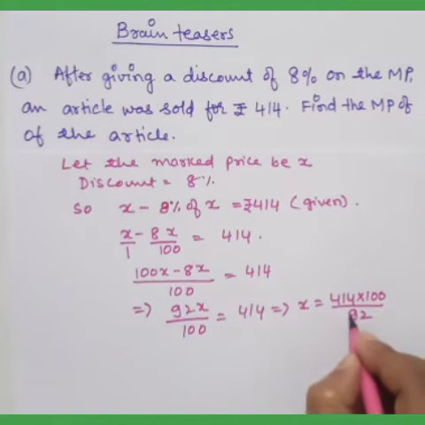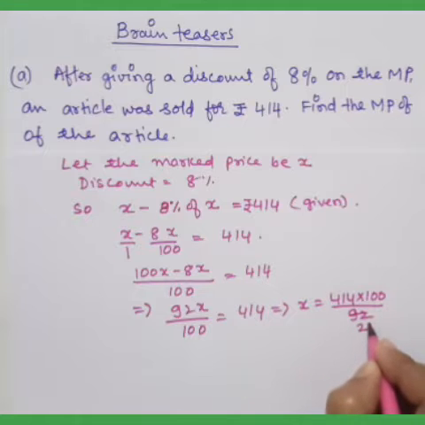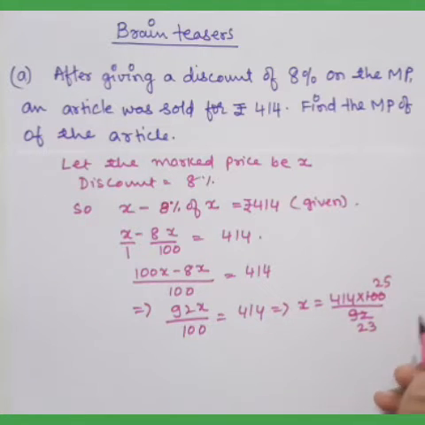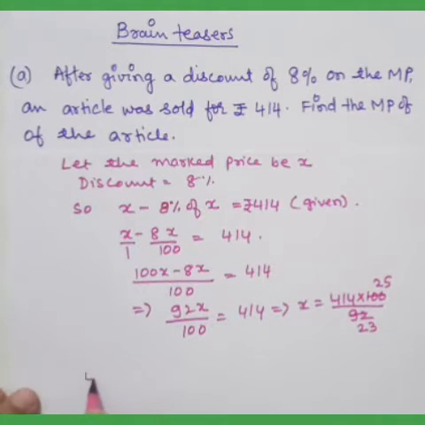Now see, 4 2s are 8 and 4 3s are 12, 4 25s are 100. Now see, 23 and 414. Let us see whether 23 is a factor of 414 or not. Simply divide it. 414 will be divided by 23.